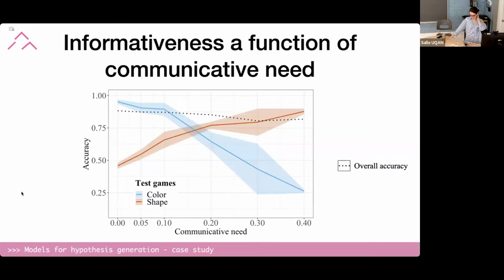I think the way we set this up was really to talk about it as a system as a whole coming up with this setup, right? Because we argued at least the shape bias emerges because of these pressures from social communication, right? So the need to be able to communicate with others.